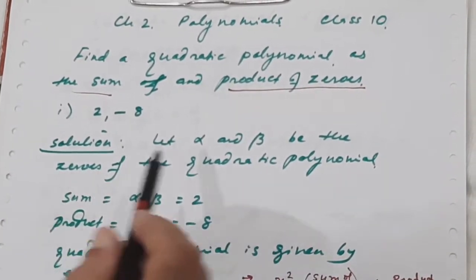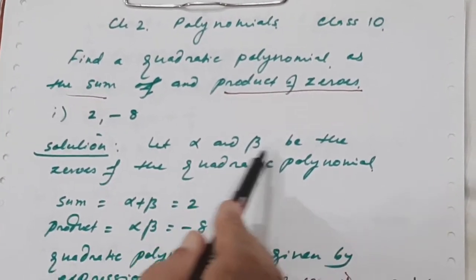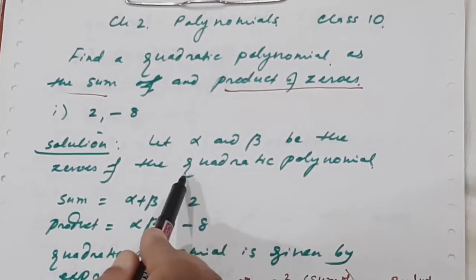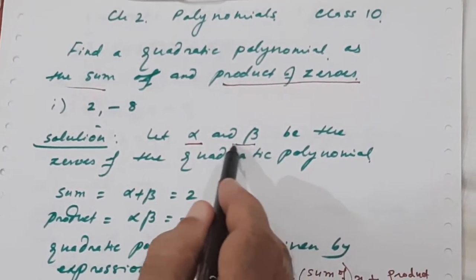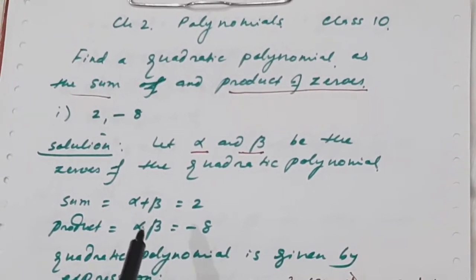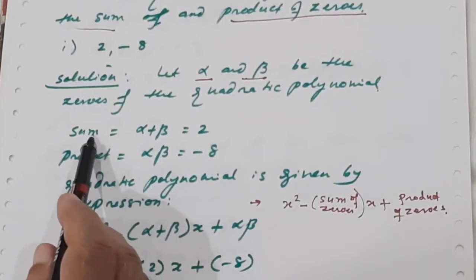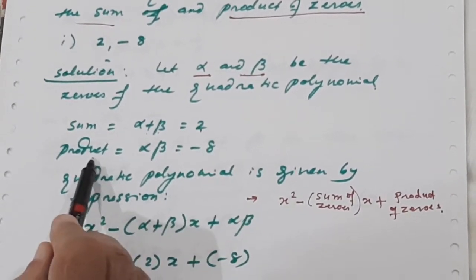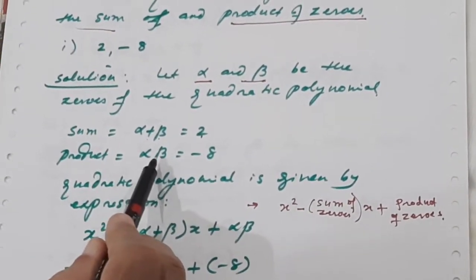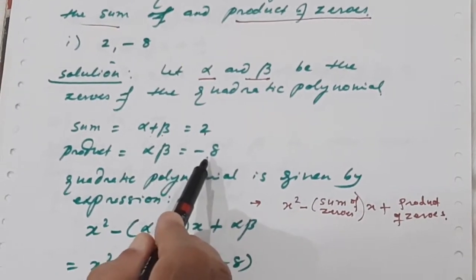Now see here, let alpha and beta be the zeros of the quadratic polynomial. So these are the zeros, right? Now the sum of the zeros means alpha plus beta is equal to 2. And the product of zeros means alpha dot beta is minus 8.